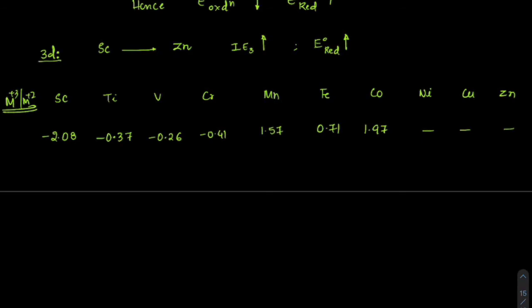So let us see point by point what are the cases here. First we'll discuss chromium. Why is there a decrease from vanadium to chromium? Because it is supposed to only increase, correct?